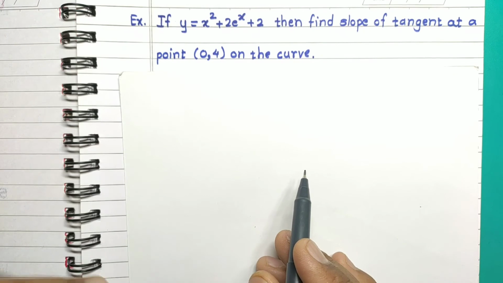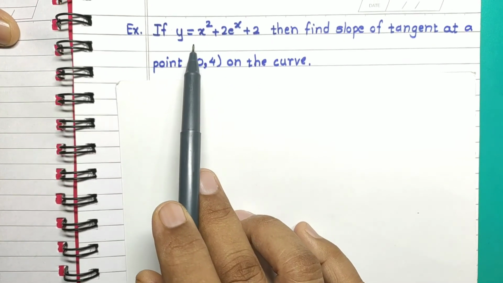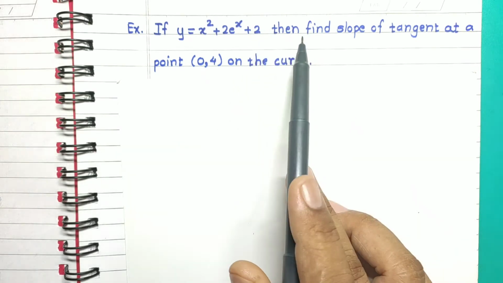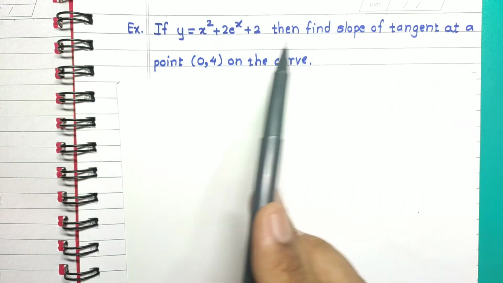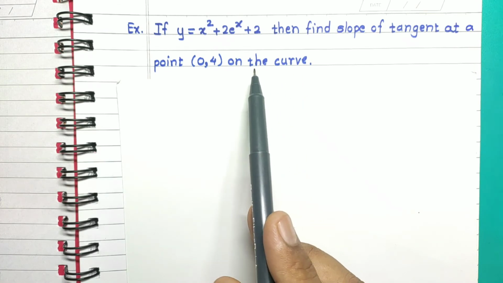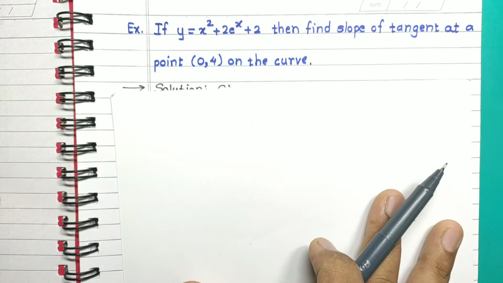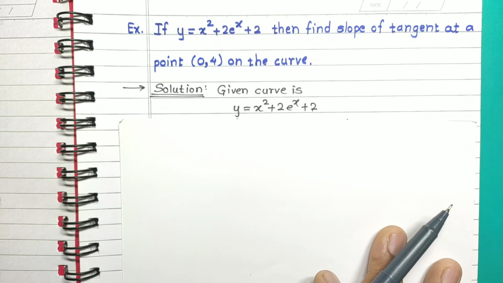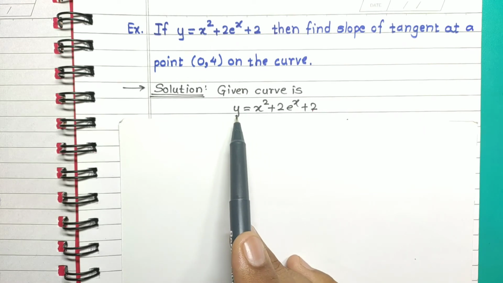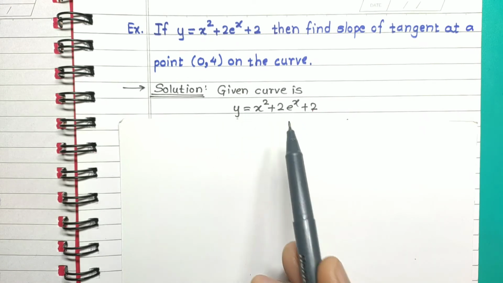Now students, let's see one example. If y is equal to x square plus 2 into e raised to x plus 2, then find the slope of tangent at the point (0, 4) on the curve. So in the solution, you write down the given equation of curve. Now see, we have to find the slope of tangent. So we have to find the derivative of y with respect to x.